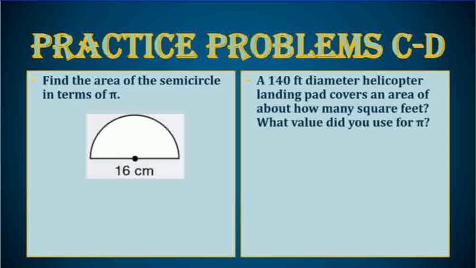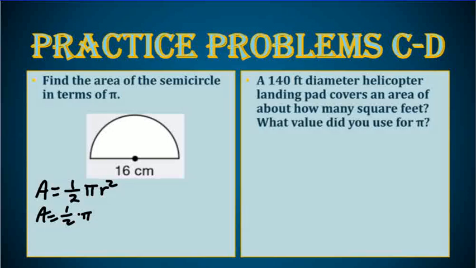Next problem, find the area of the semicircle in terms of pi. So a semicircle is just half of a circle. So area would be half the area of a circle, which would be pi r squared. And it says in terms of pi, so I'm going to keep pi in my answer. So area equals half times pi.